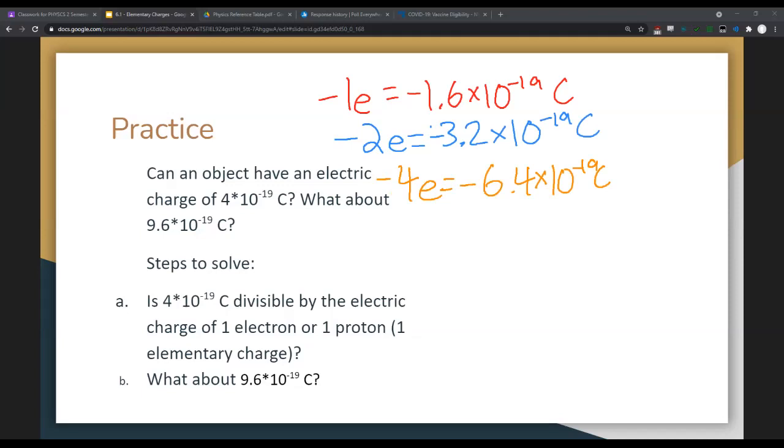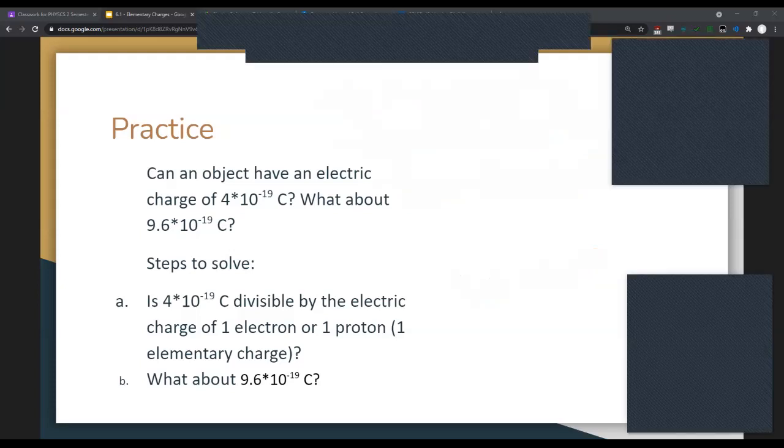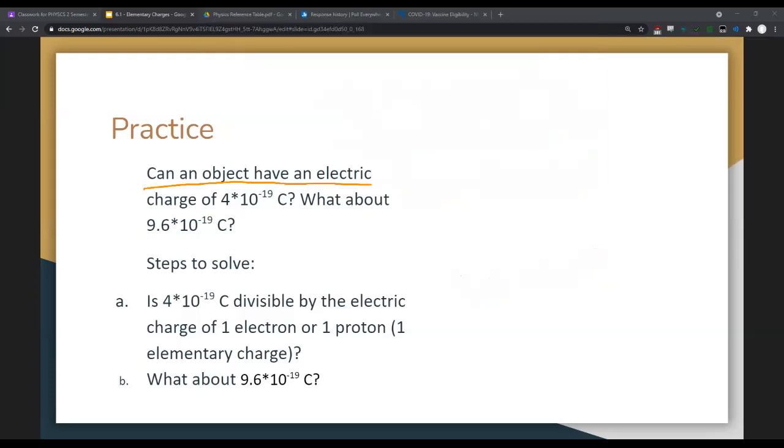So what I'm basically saying is that if you have a charge that is a multiple of 1.6, then it is a possible charge. So how would we go about solving this? Can an object have an electric charge of 4 times 10 to the -19?